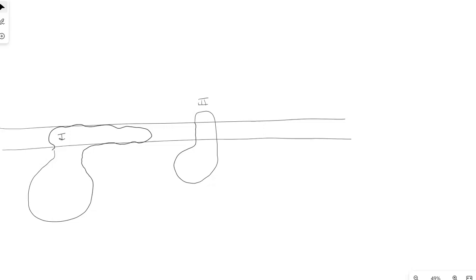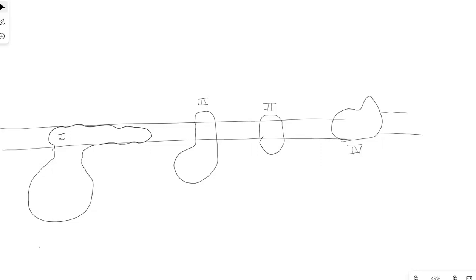On the other side we have complex 2, and then we have complex 4. What's happening with these playing together in concert?